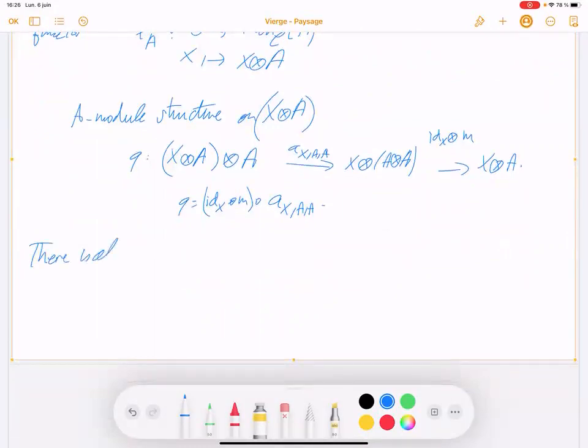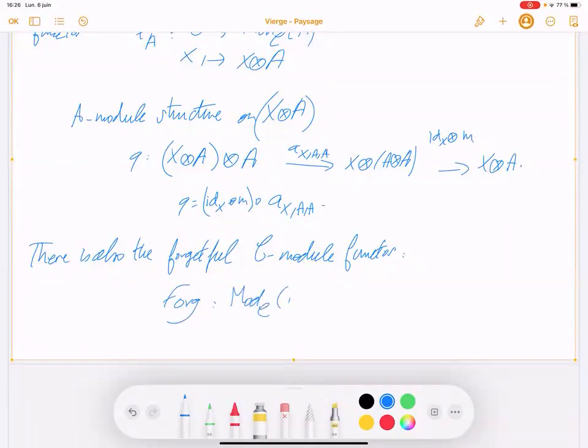So there is also the forgetful C-module functor, mod CA to C. As I said, an A module is an object of C by definition.